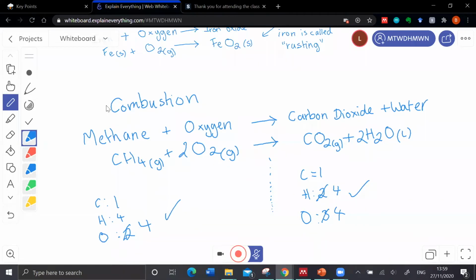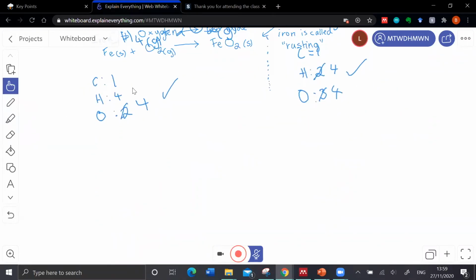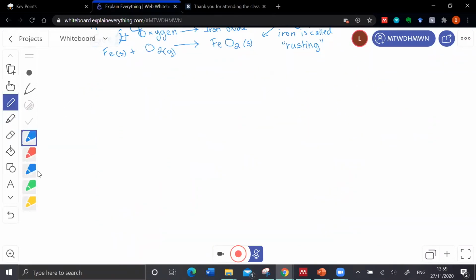Okay, so the last one we're going to look at is neutralization reactions. So you have an acid and an alkali. So a neutralization reaction, right, neutralization.